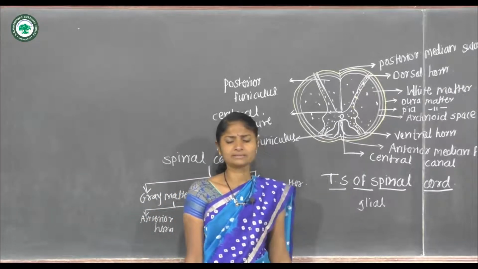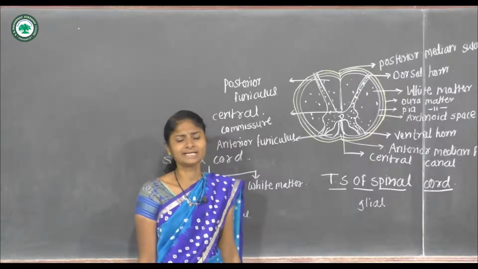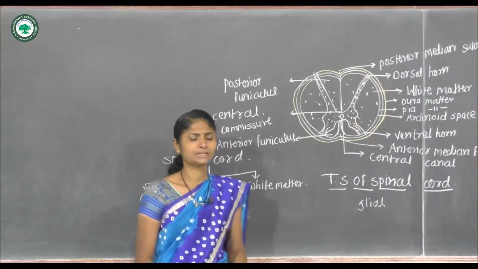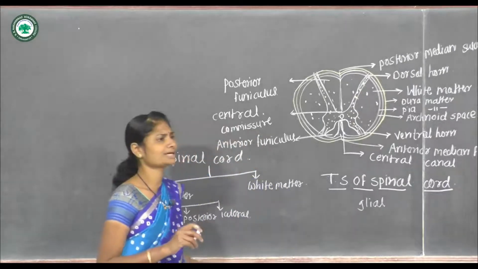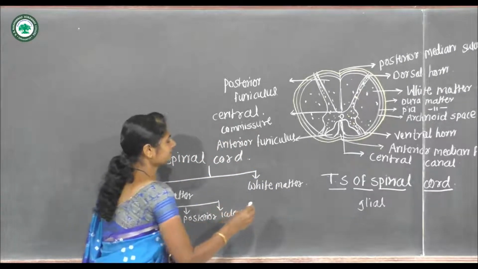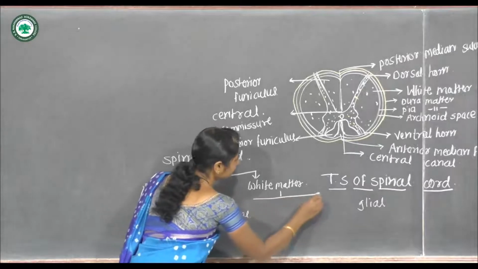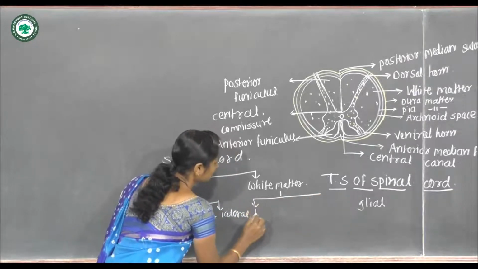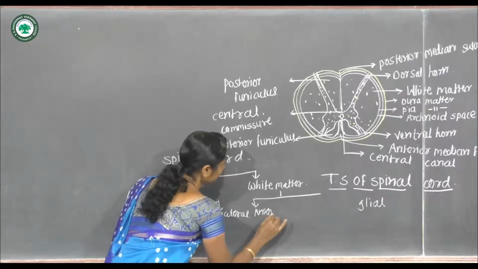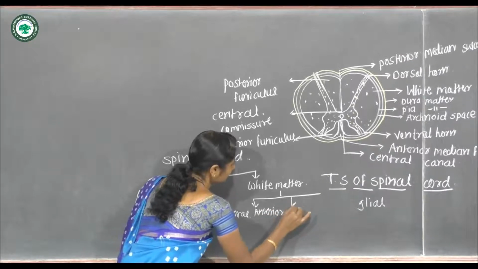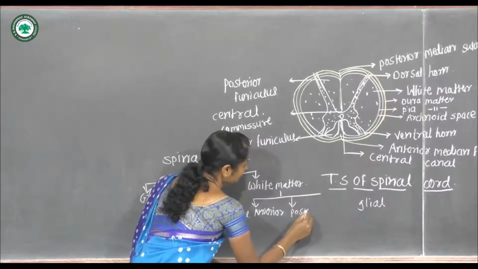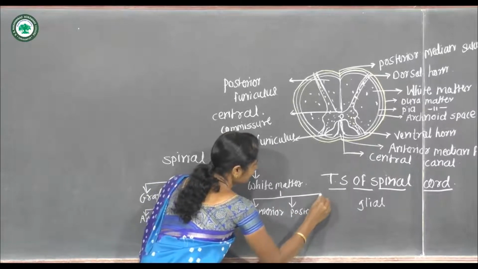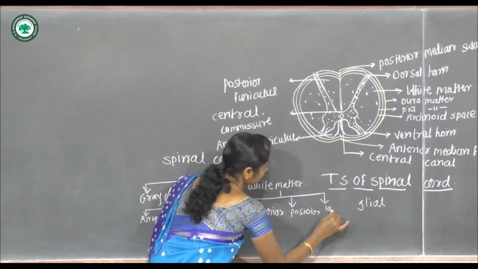This white matter mainly forms ascending and descending nerve fibers, and these are divided into anterior funiculus, posterior funiculus, and lateral funiculus.